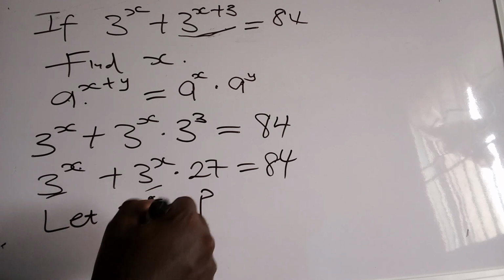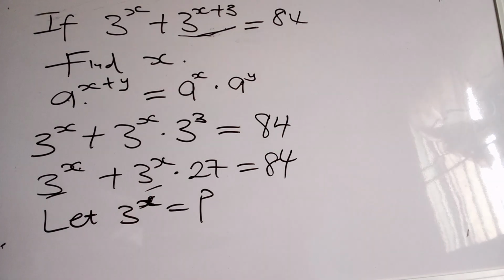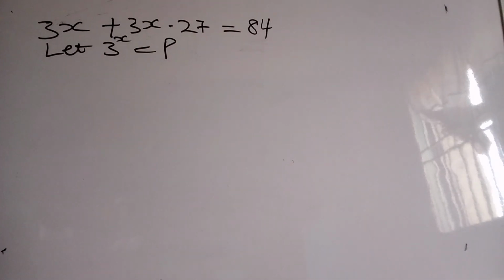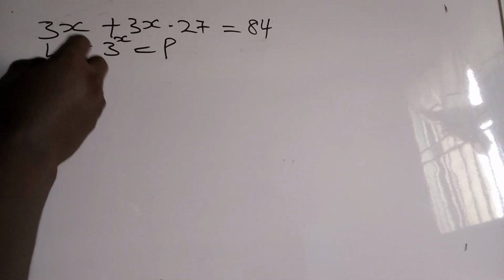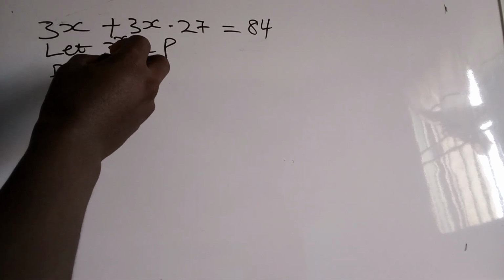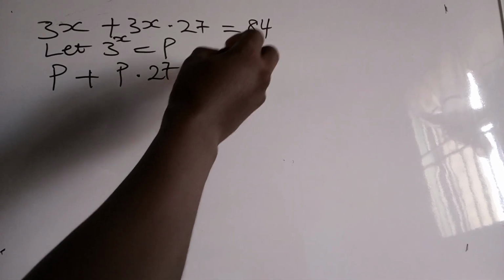Anywhere we see 3 raised to power x, we will replace it with p for easy calculation. So here we now have p plus another p multiplied by 27 equals 84.